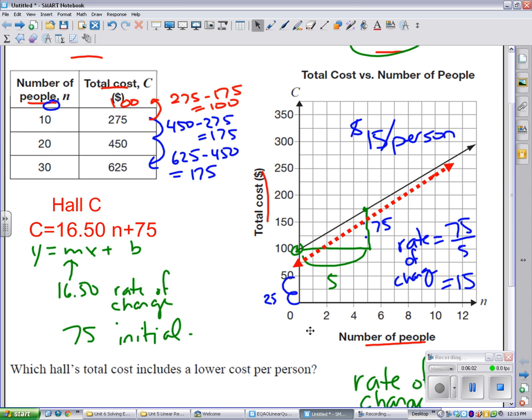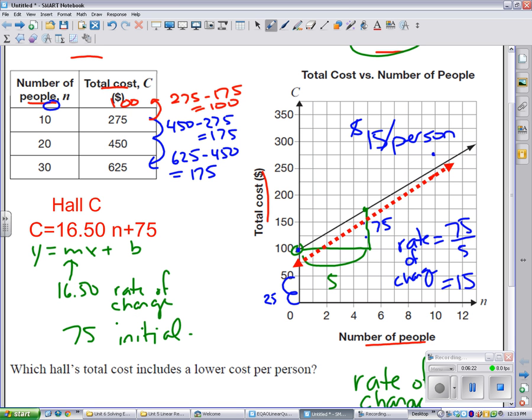Okay. Also, I want to include the information for Hall A, and Hall A I will do in blue. So it also has a cost of $100 for 0 people, and a cost for 10 people is $275.